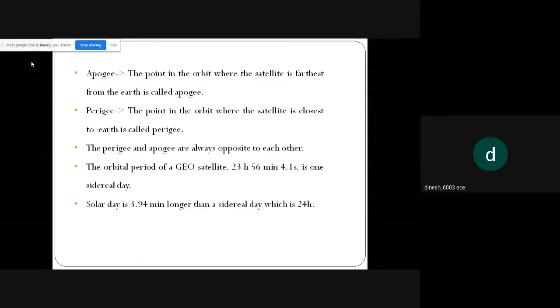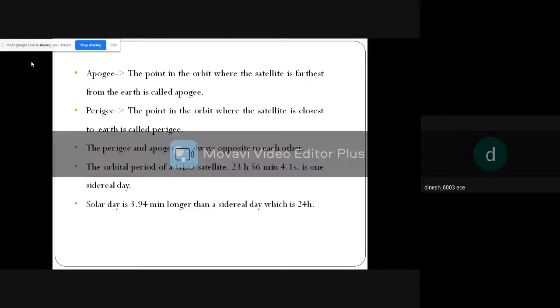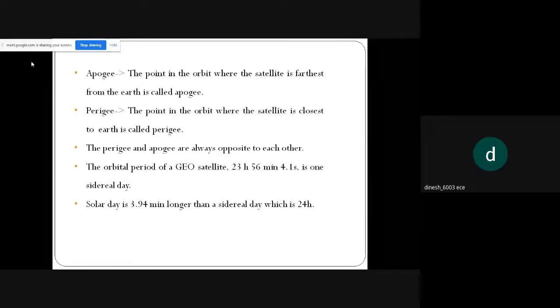So you may ask, what is the sidereal day? Sidereal day is 24 hours. The solar day is 3.94 minutes longer than the sidereal day. Okay.